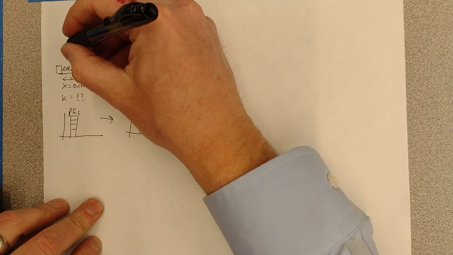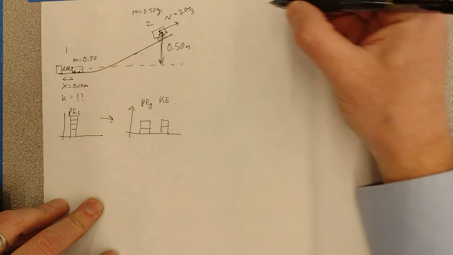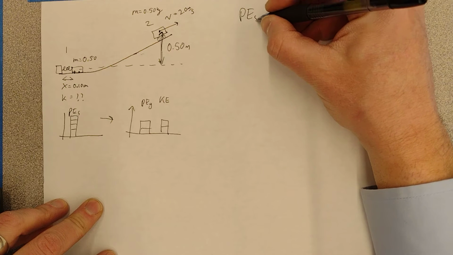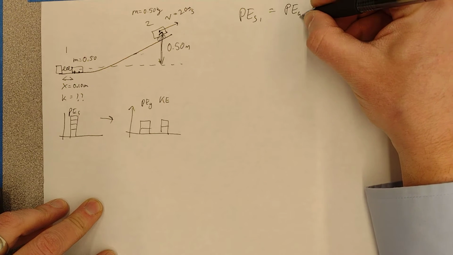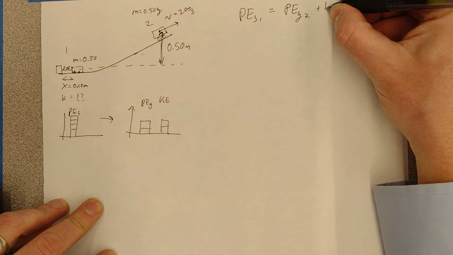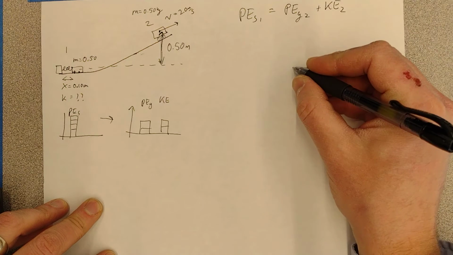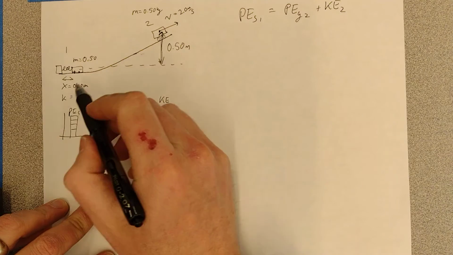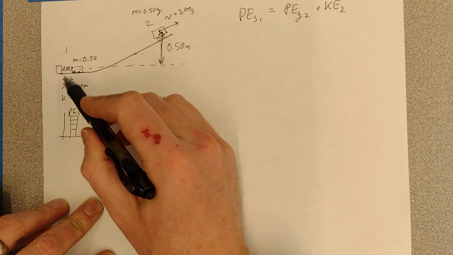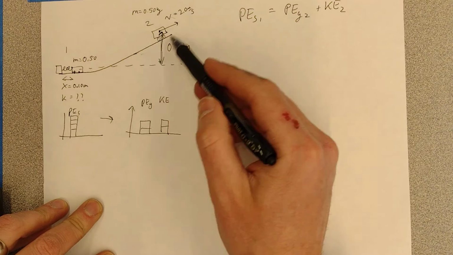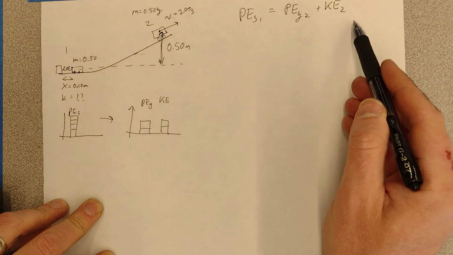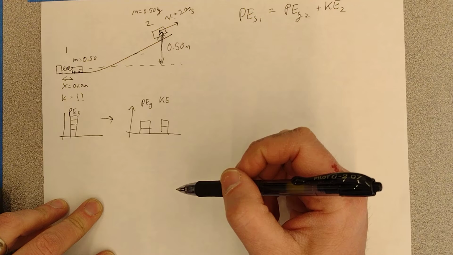Because let's call this location 1 and location 2. So the spring energy at location 1 has to be equal to the PEG at 2 plus the kinetic energy at 2. Alright, so I can't directly solve for the spring potential energy because I don't know K. So what I've got to figure out is the total energy up here, and then I can solve for K.